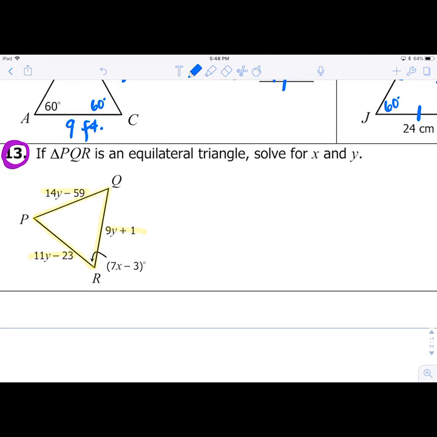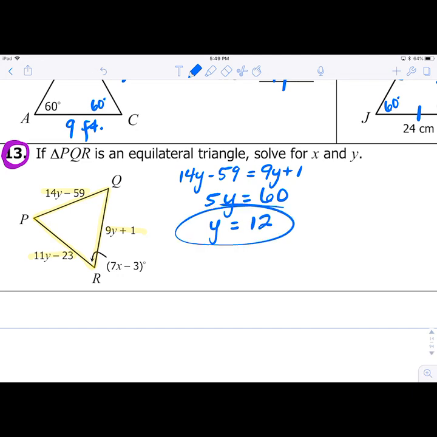Okay? So let's just do 14y minus 59 and 9y plus 1. If I subtract 9y from both sides, I'm going to get 5y. And if I add 59, I'm going to get 60. So y has to equal 60 divided by 5. That's 12.